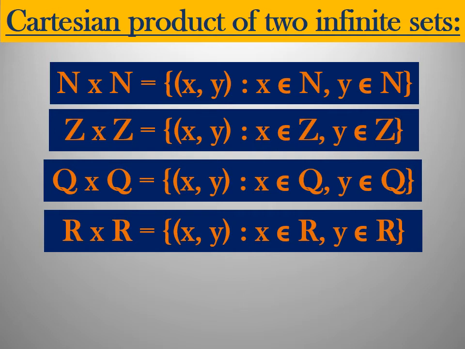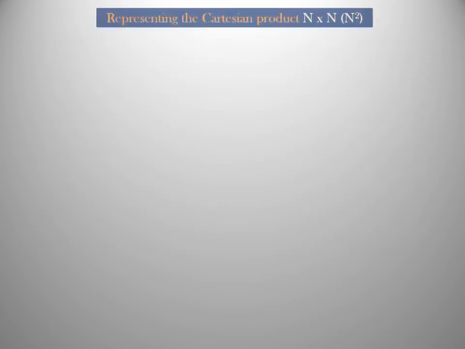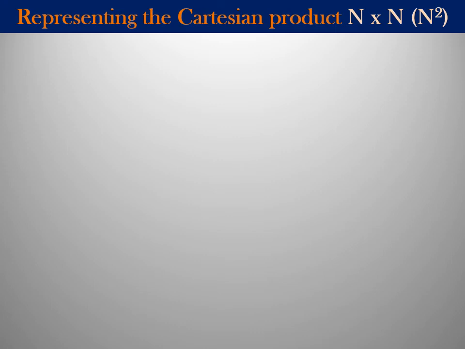Now I want to represent each of these blue boxes graphically. First, representing the Cartesian product of N crossing N, and I call it N power 2.